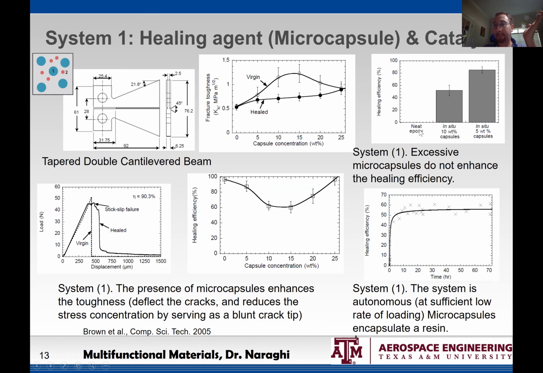microcapsules versus neat. Healing efficiency of neat epoxy without any microcapsules is 0 because it doesn't heal. There's nothing to heal. 5%, you have like some good percent of healing. It's the ratio of these two.